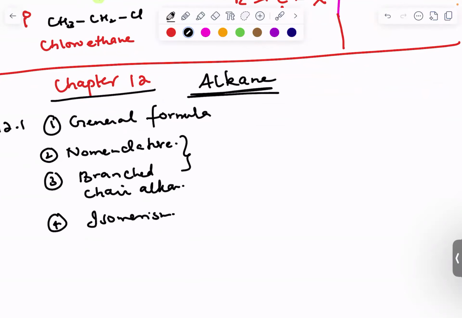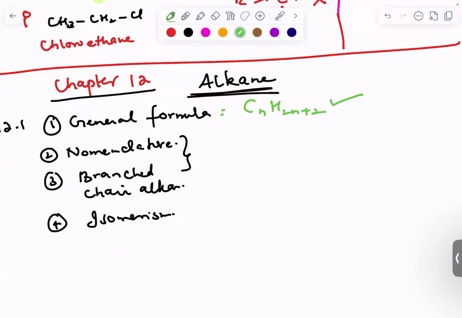By the way, now can you tell me a few points related to these captions? General formula: would it be CnH2n+2? Yes, well done. Now, nomenclature: if I ask you to name any alkane, what name can you tell me?